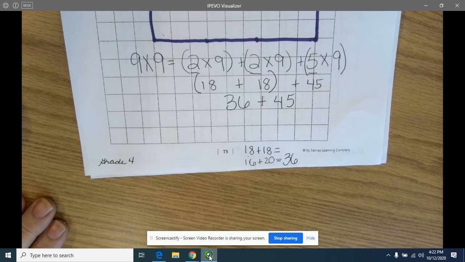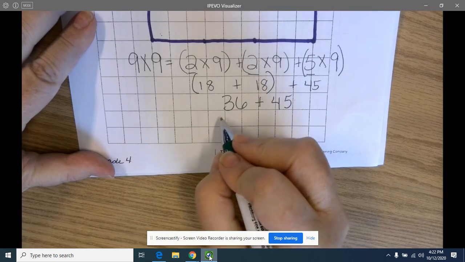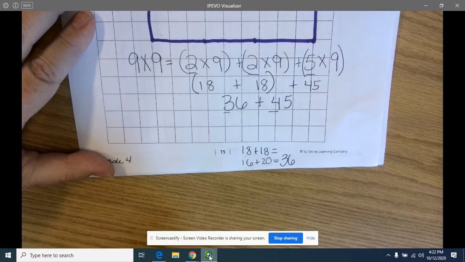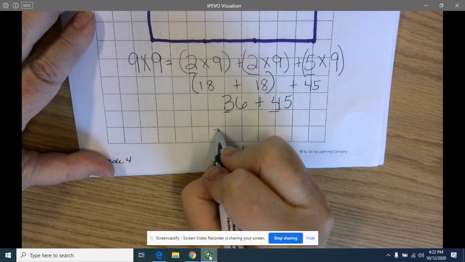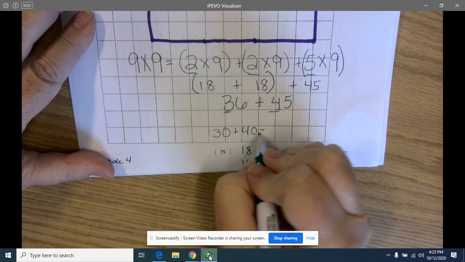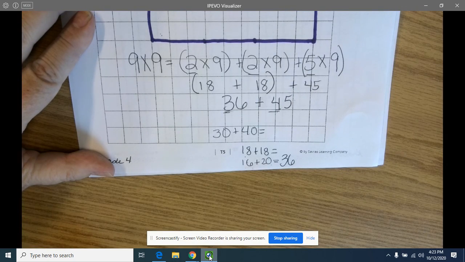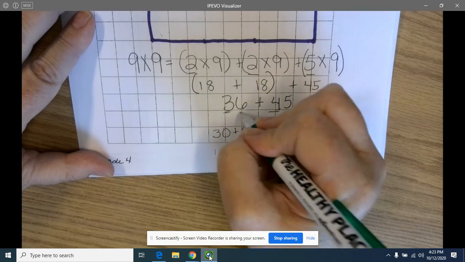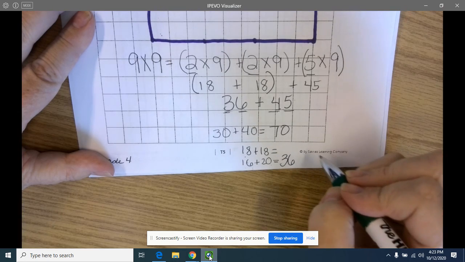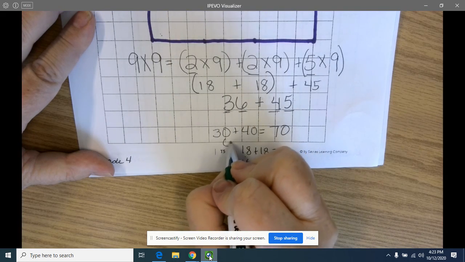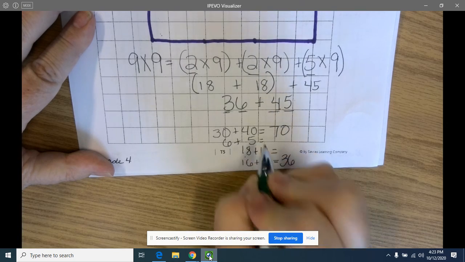All right, what might you do now? Might you add your 10s together, 30 and 40? What is 30 plus 40? If you said 70, you are correct. We still have our 6 and our 5, though. I'm running out of room here. I'm sorry. I wish I could make this a little neater. We have 6 plus 5.